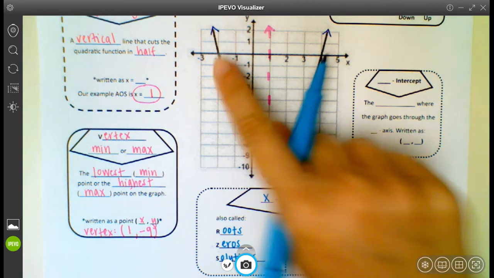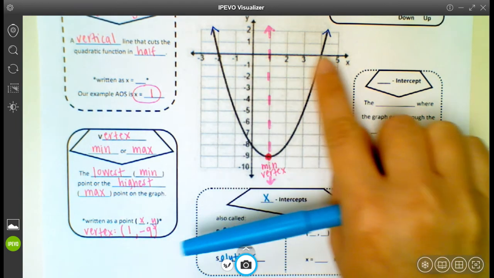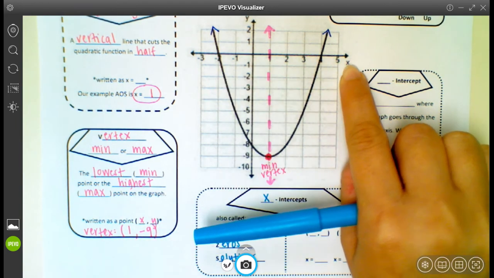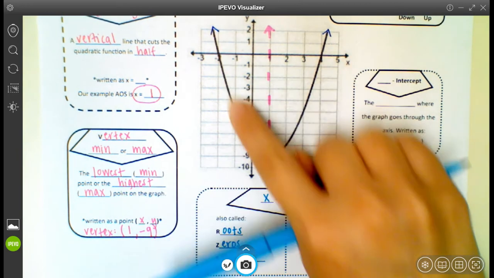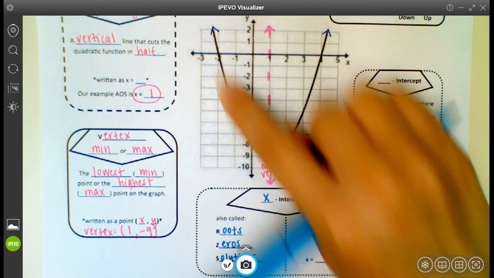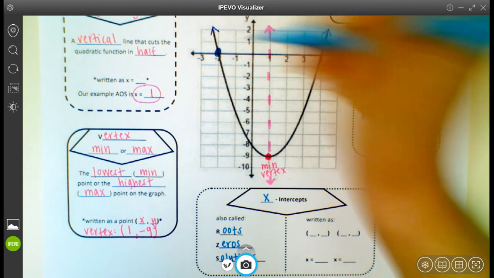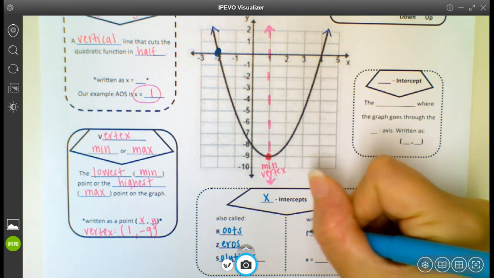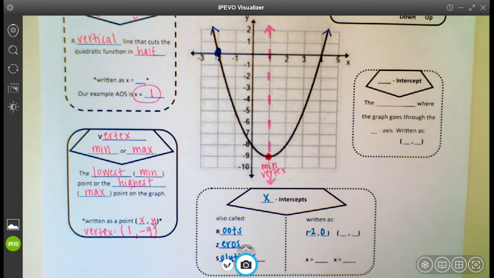So as you look at your U shape, here is my x-axis. It's labeled as x. Our x-axis, where does my U shape cross that line for my x-axis? Well, I cross here at -2. So -2, 0 means that I'm on the x-axis.